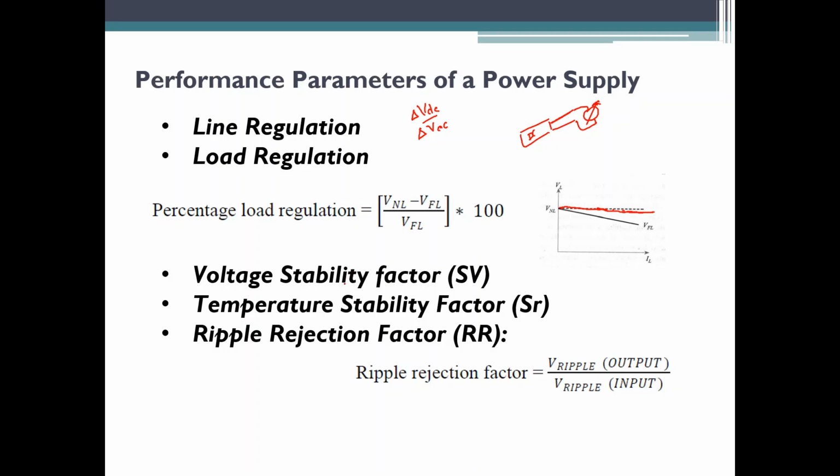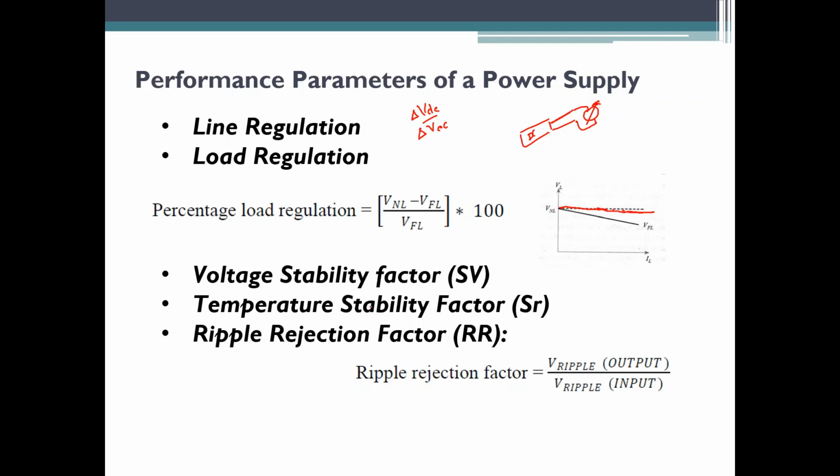Temperature stability factor means you are going to check the variations in the output voltage with respect to varying temperature. Normally in power supplies we use semiconductor devices, so the output voltage will obviously become temperature dependent. This temperature stability factor will be determined by the temperature coefficients of various temperature sensitive semiconductor devices.